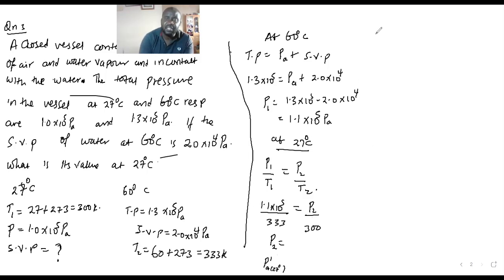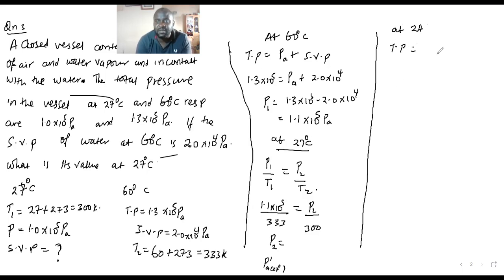So when you get the pressure of the air at 27, you go back to the total pressure at 27. Total pressure at 27 is equal to pressure of the air plus SVP, and we are looking for SVP at 27. So we can make SVP at 27 the subject, which is total pressure minus pressure of the air.